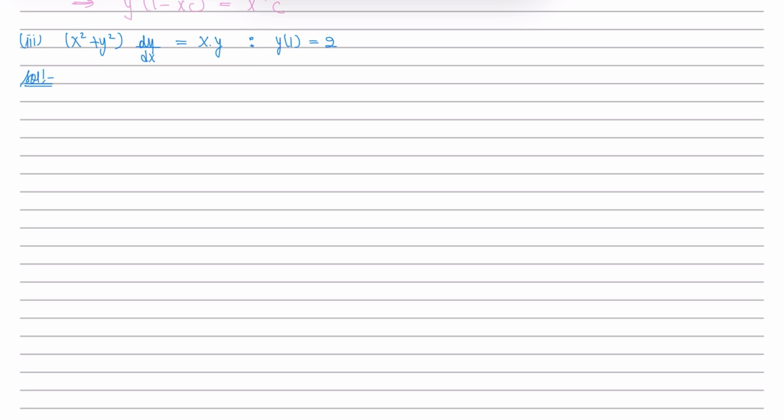But when we write it in the form of dy by dx, which will be x into y divided by x square plus y square, which is a function of x comma y, we put y as v times x, which means dy by dx is equals to v plus x into dv by dx.